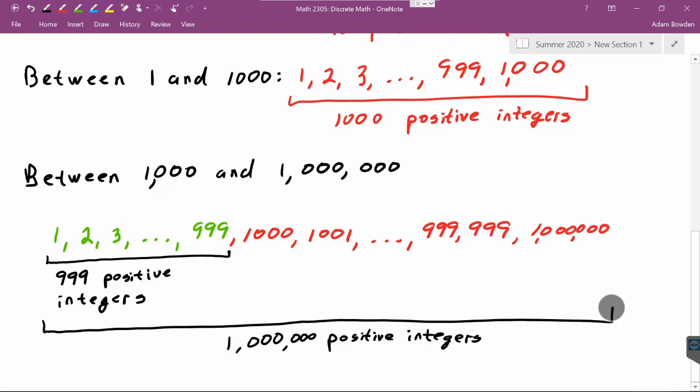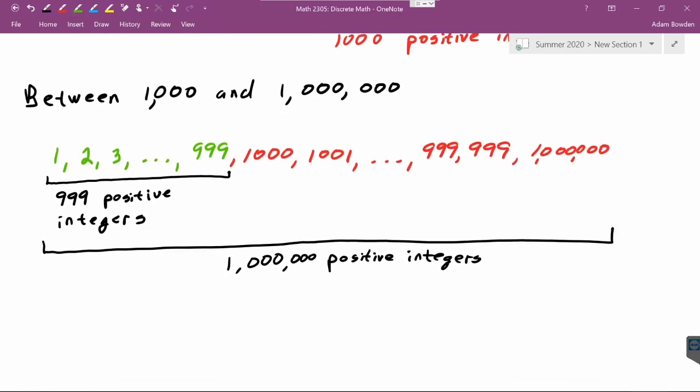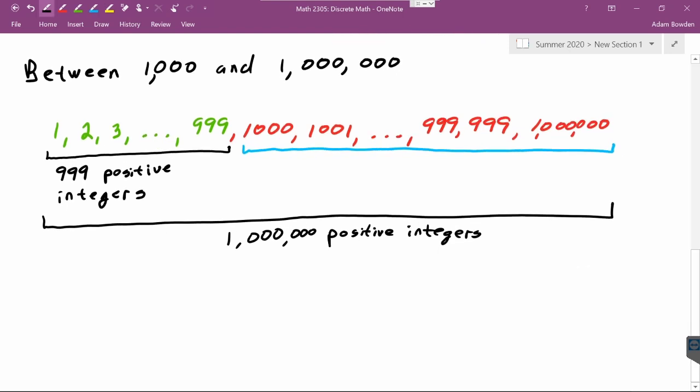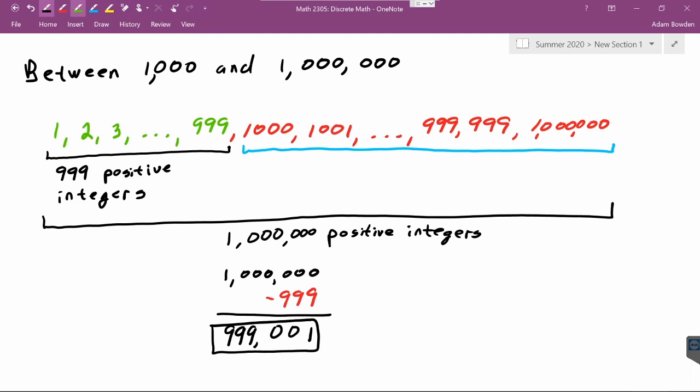And so we can consider then the way of counting up the number of positive integers from 1,000 to 1,000,000 inclusive would be to take the 1,000,000, subtract out the first 999, and what we'll be left with is 999,001. And that would tell us then the number of positive integers between 1,000 and 1,000,000.